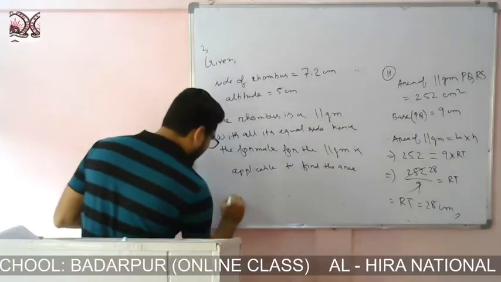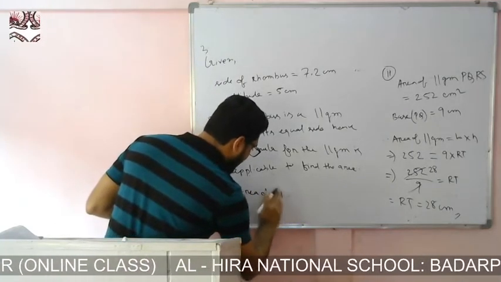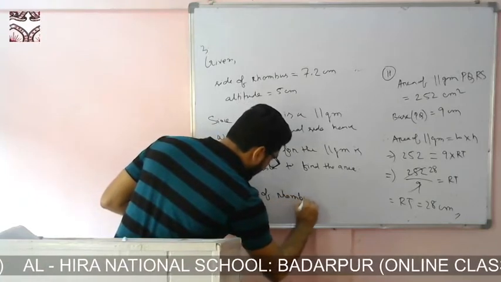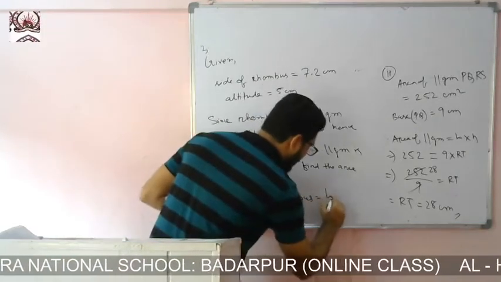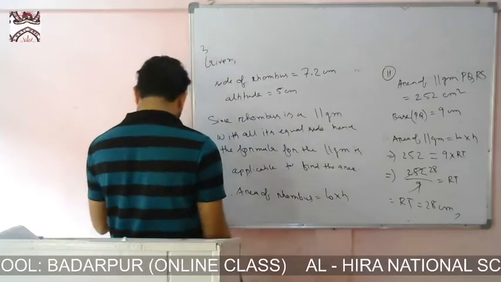Okay, therefore you write area of rhombus equals base into height.